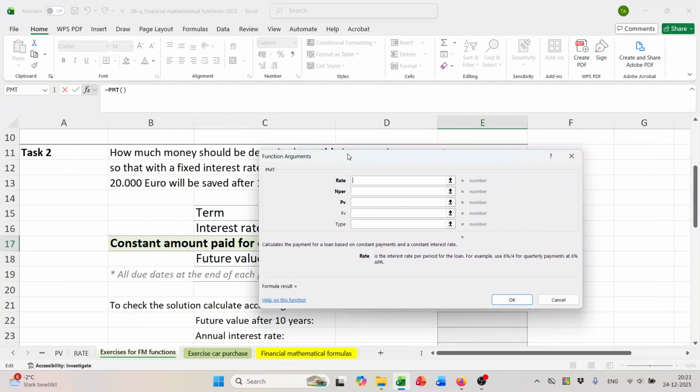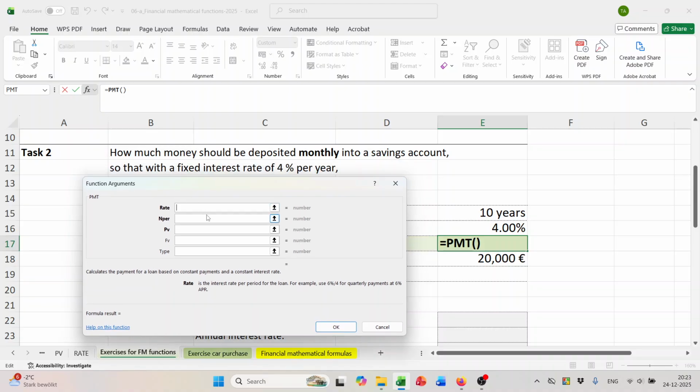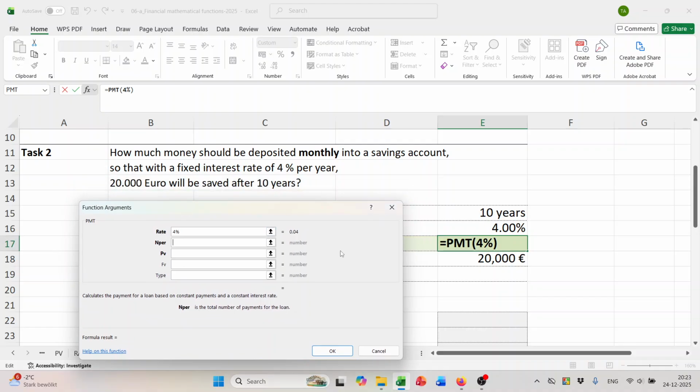Okay, so our rate is 4%. The number of periods is 10 years. The present value: in this task also we are starting from 0, so our present value should be 0.